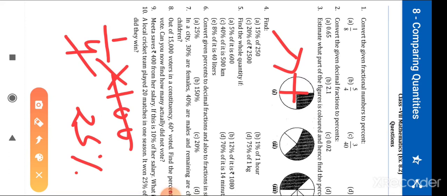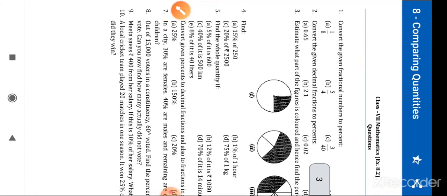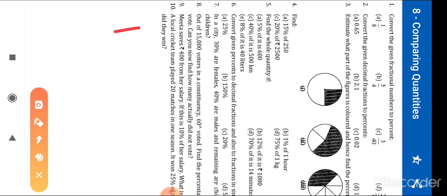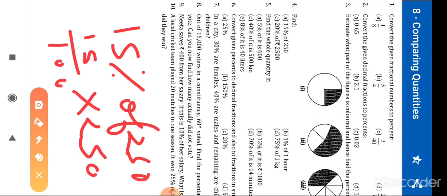Question number 4. The fourth question is find 15% of 250. First, we write this statement in mathematical equation form. So 15% means 15 divided by 100. Of means multiplication, 250.